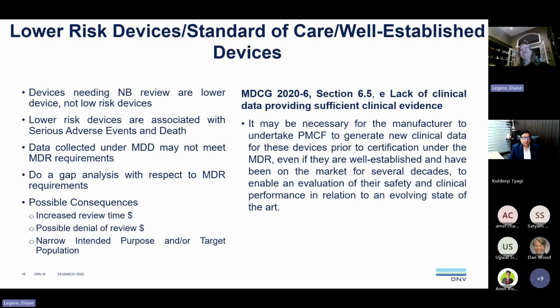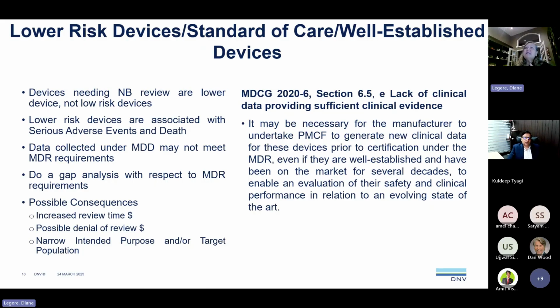Okay, lower risk devices, standard of care and well-established devices. We hear all of this floating around, and well-established devices are defined in MDCG 2026, with some criteria that you have to meet them all. That's very helpful.